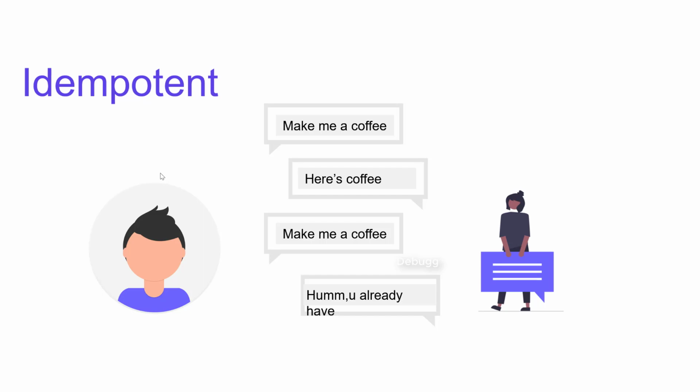Terraform checks the logs or the state and sees that Alex has already requested coffee, and says I have already given you the coffee and you already have it. This is what Terraform is, and it's idempotent, meaning it has a state and it has logs of what it has done in the past.